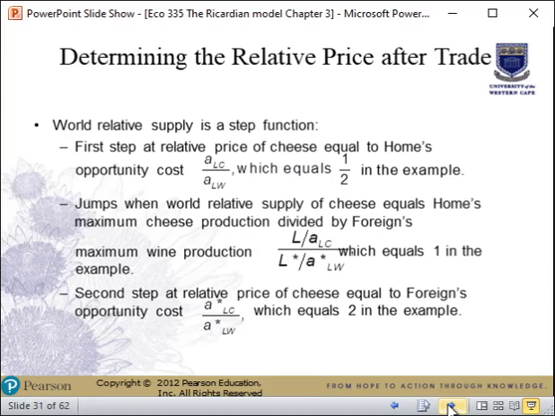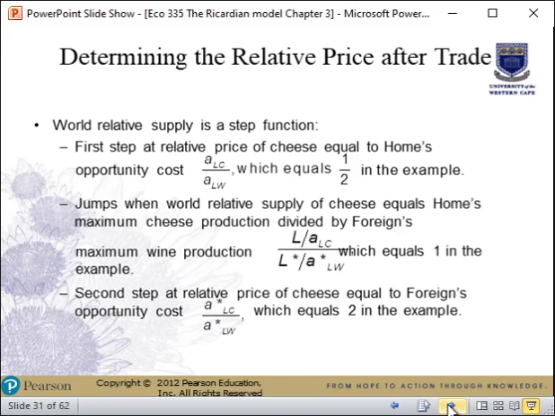Suppose the home opportunity cost in terms of wine is equal to half, and that of the foreign country is 2. Based on these values, the first step of the world relative supply curve is at point half. This is the point where the home relative price of cheese equals its opportunity cost.